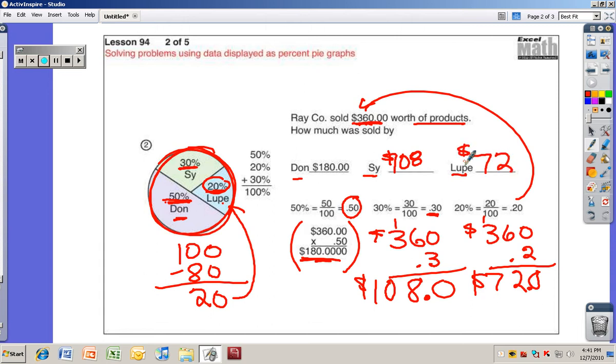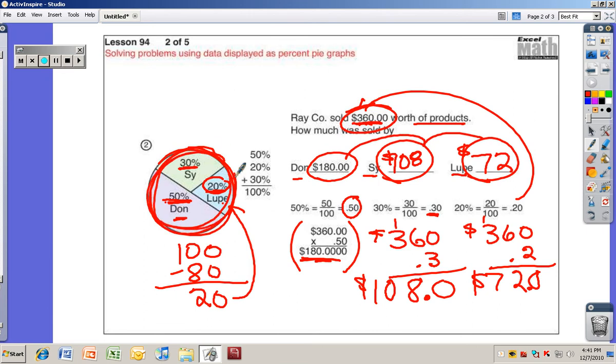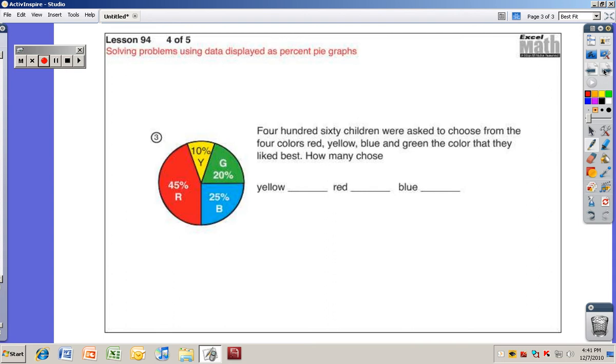One way you can check this is that 180, 108, and 72 should all add up to the total for the company, because they are the only three people selling things here, and that's 100%, which is $360. Okay. Now here's one. It's kind of like that, and they don't give you any help on it. Go ahead and see if you can figure out the answer for yellow, red, and blue. Pause the video, turn it back on when you're ready to see the answers.